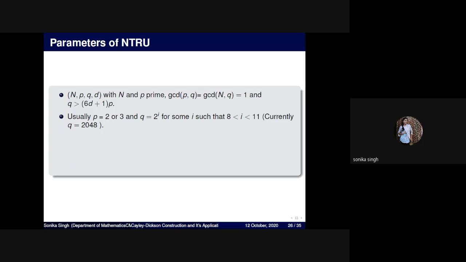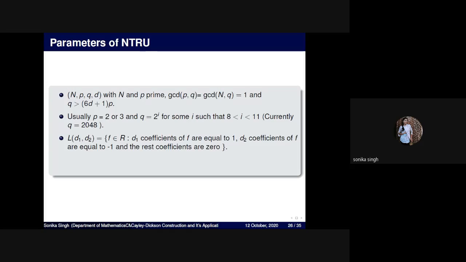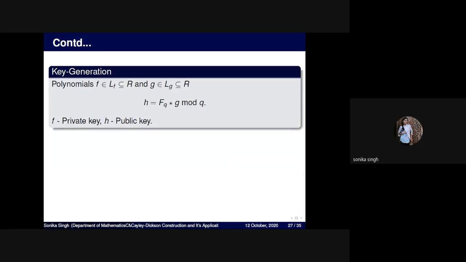And we use here L(d1, d2) types of sets, which contain the polynomials of the convolution ring R having d1 coefficients equal to 1, d2 coefficients equal to -1, and the rest zeros. These are the sets from which we will choose our key polynomials.